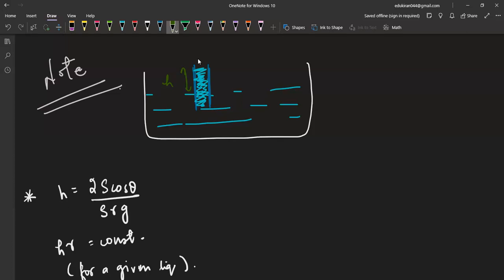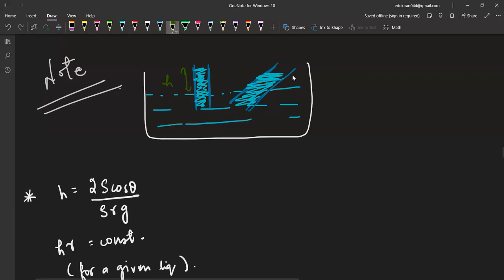Correct, class? Now suppose I have tilted this tube. So some amount of water will go here. Now how will you solve the question? When it was a straight tube, you calculated the height above the water level as H. Now when this is tilted, how will you calculate it?